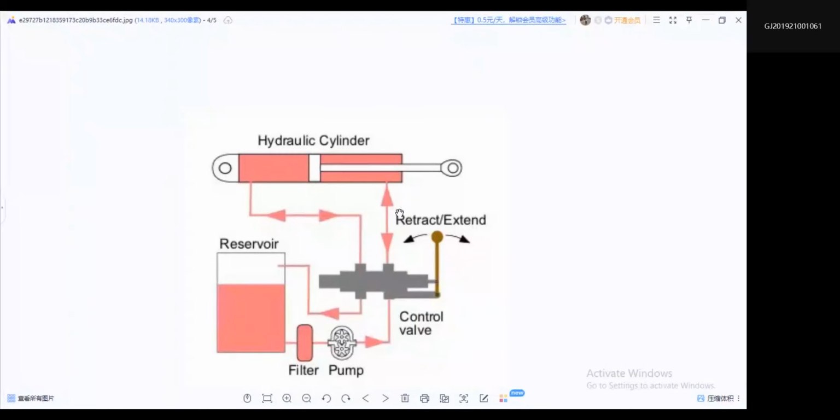This is a hydraulic system, and in this hydraulic system there is a reservoir, a filter, a pump, a control valve, a retract and extend, and a hydraulic cylinder. This hydraulic system is a closed system.